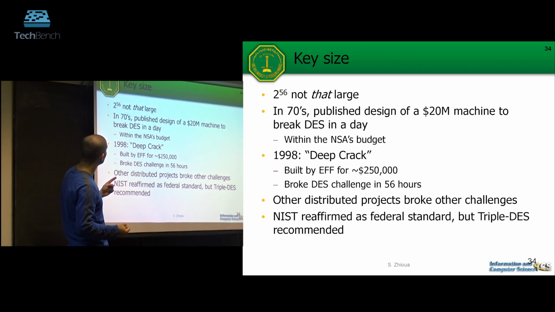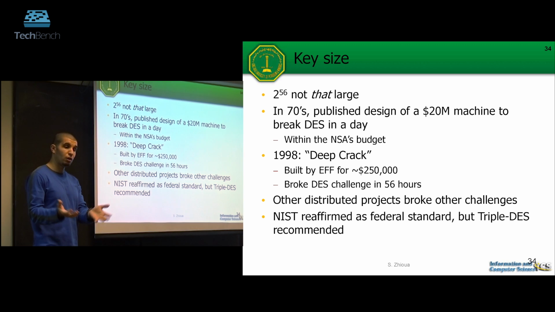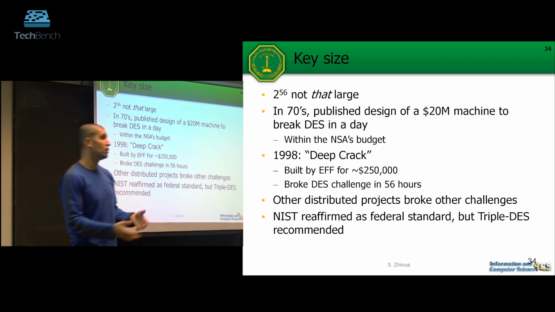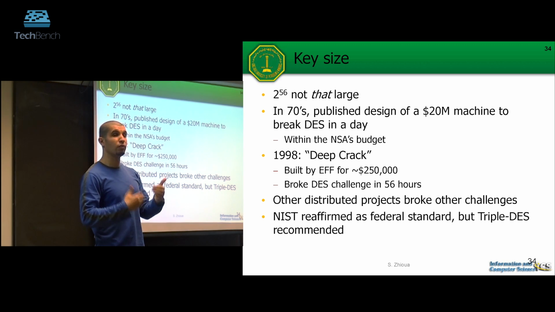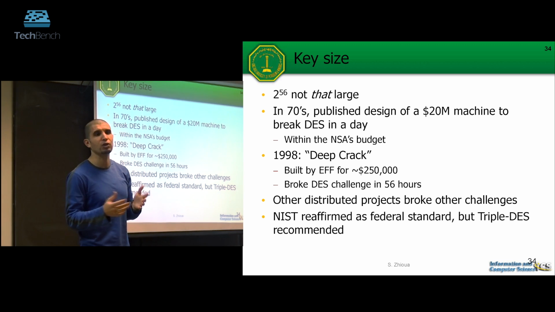In the 70s, they published a design of a $20 million machine to break DES in a day. But remember, in these algorithms the key keeps changing very frequently, so it will not stay for a day.